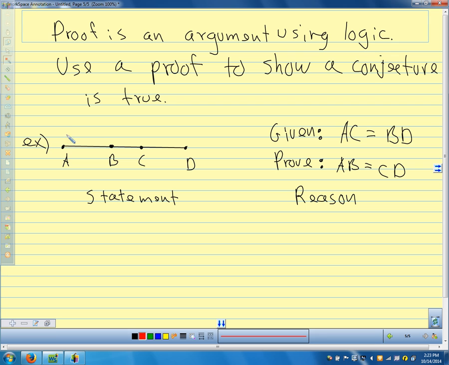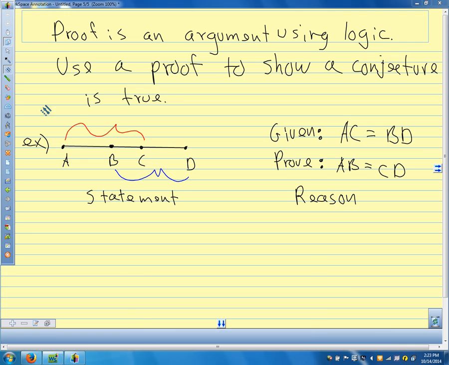So here's AC. And here is BD. So we know that AC equals BD. We want to prove that this shorter segment is congruent to this shorter segment.